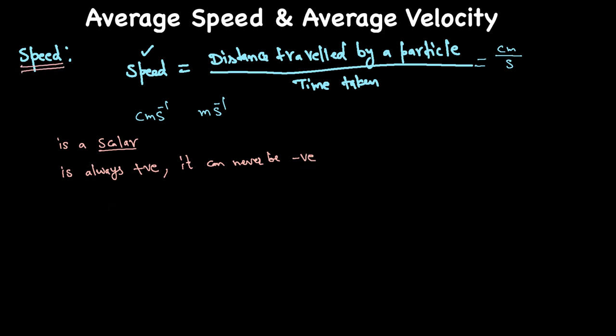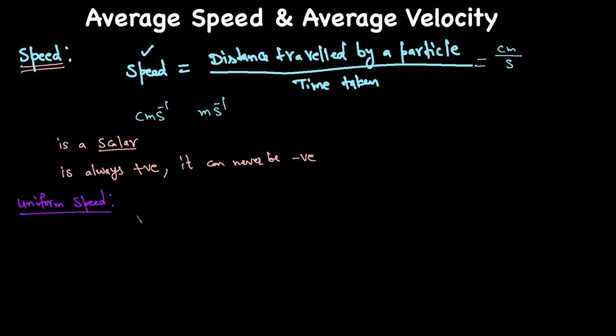So the next concept that comes in is what we call uniform speed. A particle or a body is said to be moving with a uniform speed if it travels equal distance in equal intervals of time.